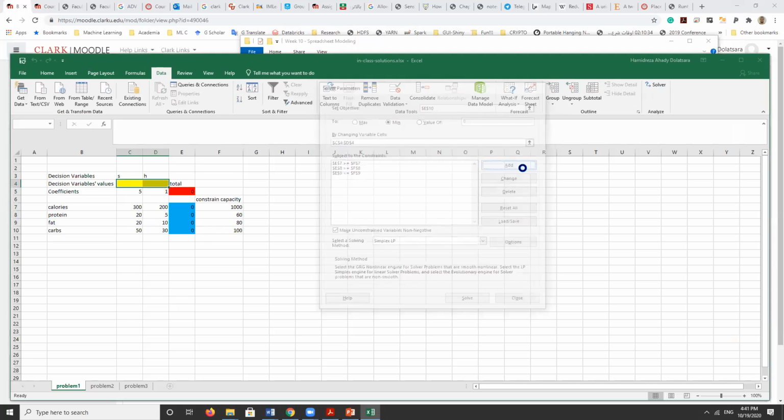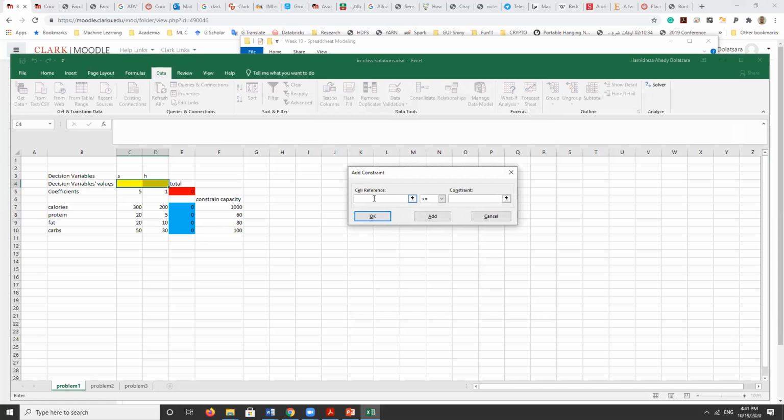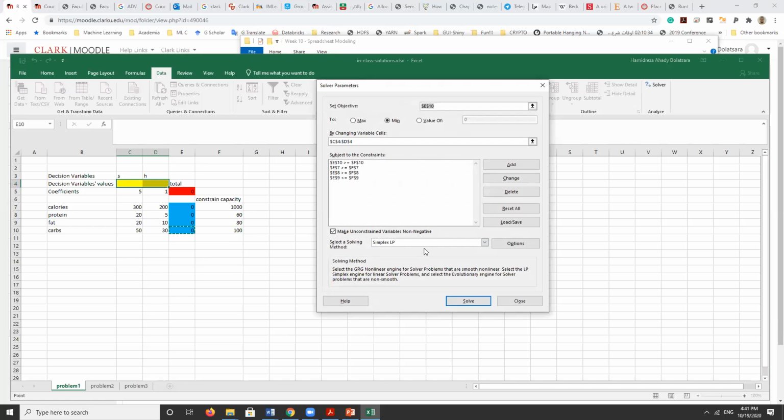Okay, here. I'm saying the blue cell, E10, has the formula for making carbs based on my decision variables. The carbs that I make should be greater than or equal to 100, which comes from F10. You see E10 greater than or equal to F10.